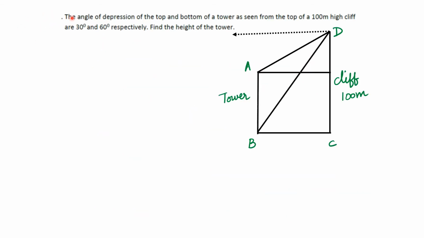The angles of depression of the top and bottom of a tower as seen from the top of a 100-meter high cliff are 30 degree and 60 degree respectively. Find the height of the tower.